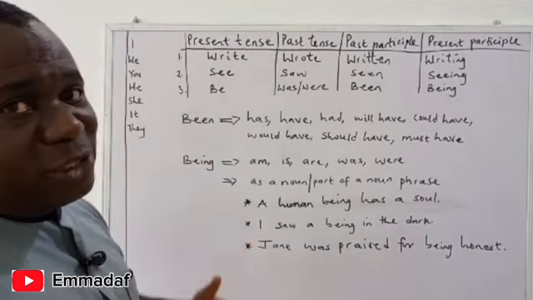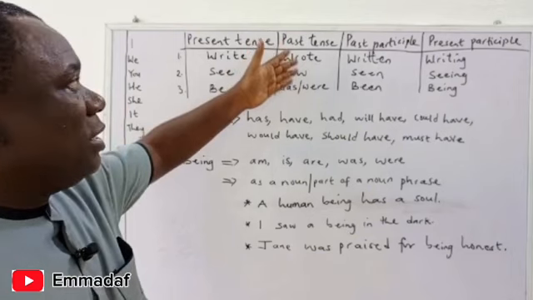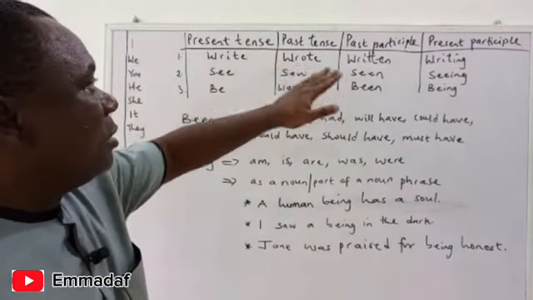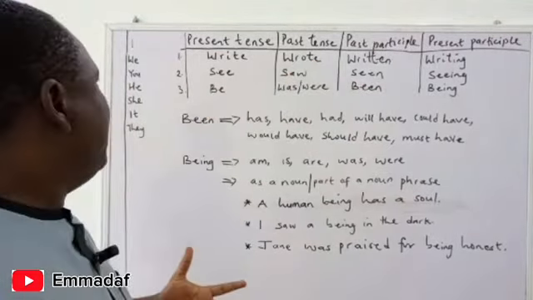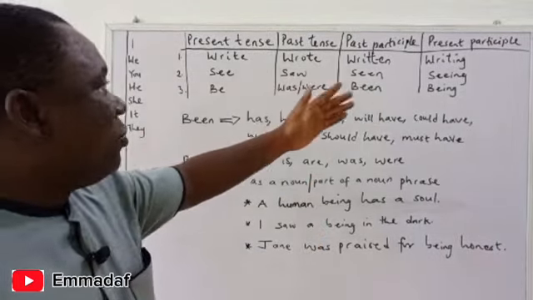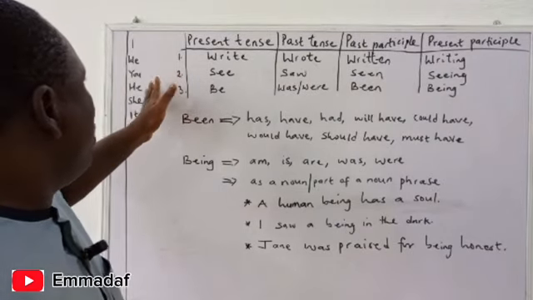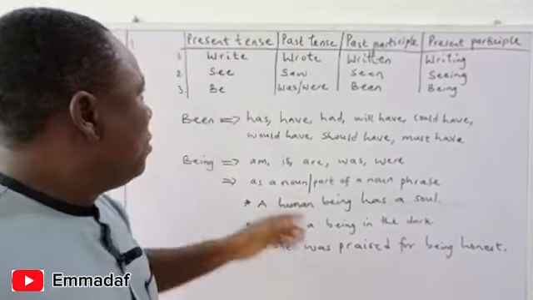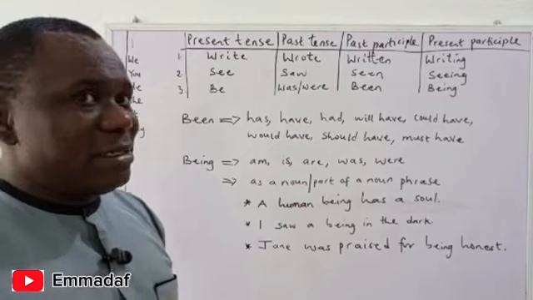Now, this is a special verb. If you look at the past tense of these other verbs, they have one word. I wrote the letter yesterday. We wrote the letter yesterday. You wrote the letter yesterday, the same form. I saw you yesterday. We saw you. He saw you. She saw you. It saw you. But when it comes to this verb be, it has two forms for the past tense.